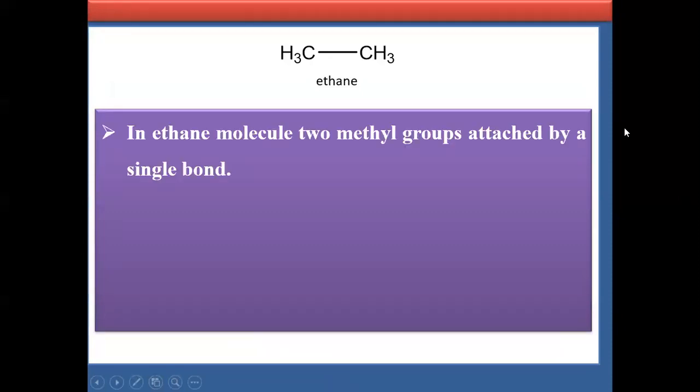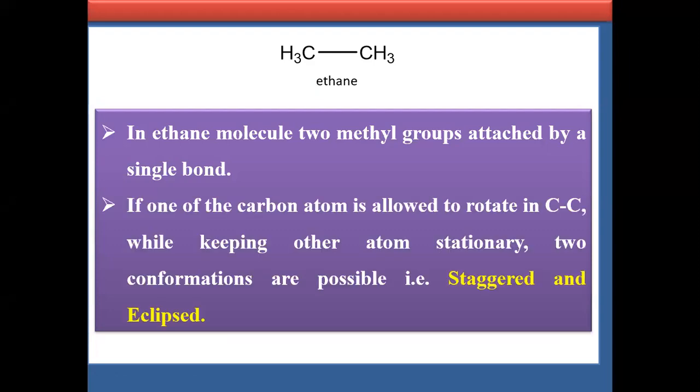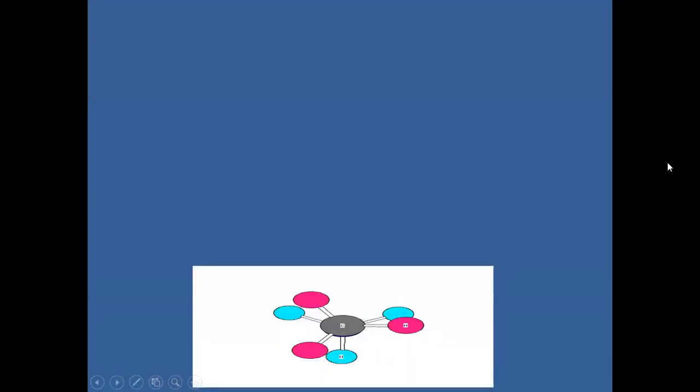In the ethane molecule, two methyl groups are attached by a single bond. Now if one of the carbon atoms is allowed to rotate about the carbon-carbon single bond while the other is kept stationary, two conformations are possible, and they are called staggered and eclipse conformations. As you can see here, one carbon atom rotates, and that's why we get two conformations.